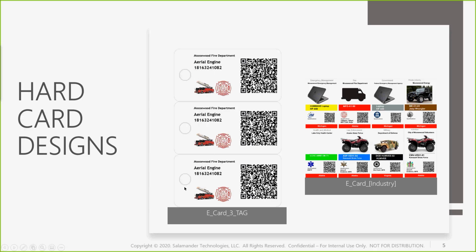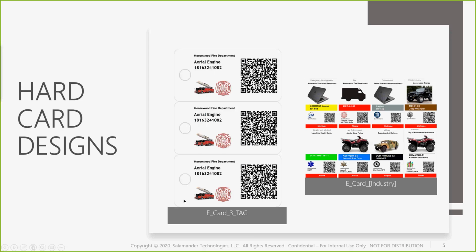On these tags, the information that's contained in them include the equipment barcode, the organization name, organization logo, the name of the item, a picture of the item, the ID, and description. So this has less information. Again, you're working with less real estate for this, so you're going to have less information. But you still have the ability to put in a picture, logo, and everything in here.